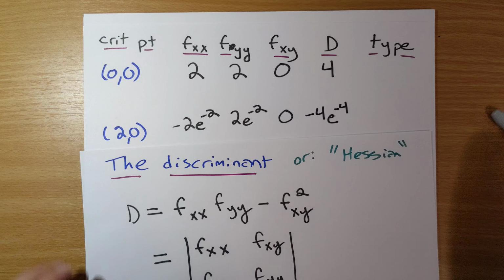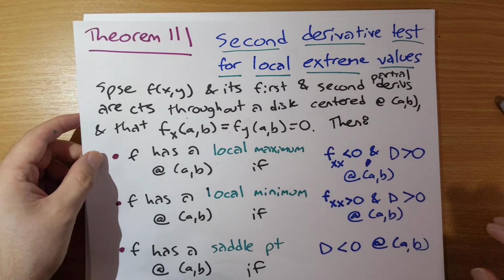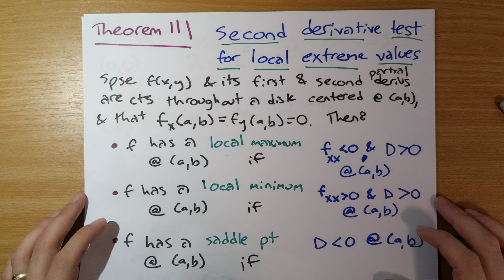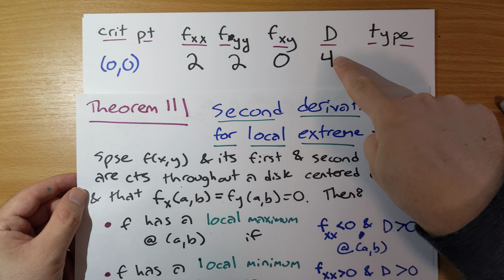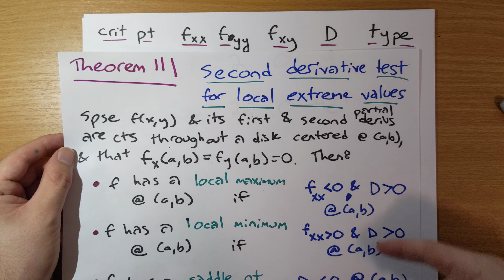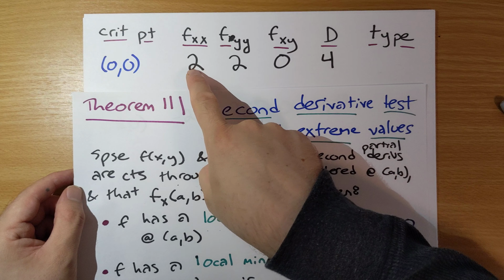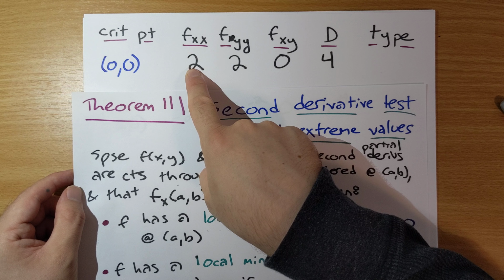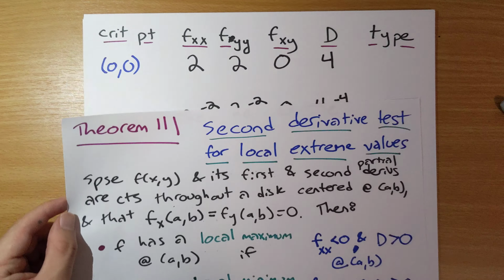minus 4. And so the last thing we have to do is go back to this slide here to read off our information. So this first one, D is 4. 4 is positive. So it's a local max or a local min. And we take a look, fxx is positive, so we're in the local min bucket.